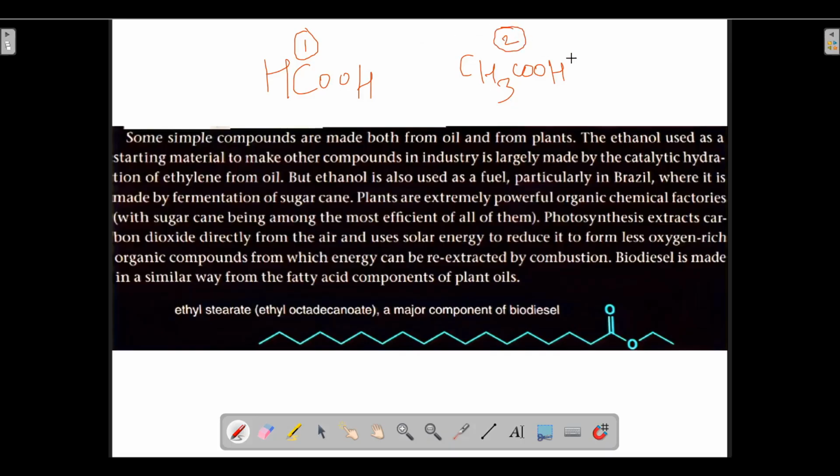If we increase the carbon chain length in a carboxylic acid such that the number of carbon atoms becomes greater than 8, then we call it a fatty acid.